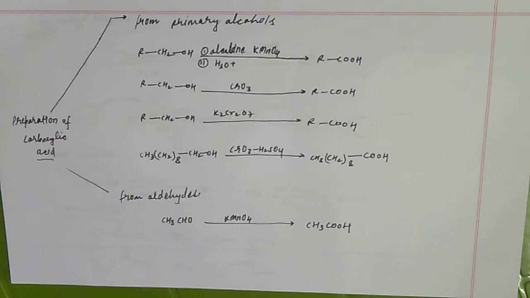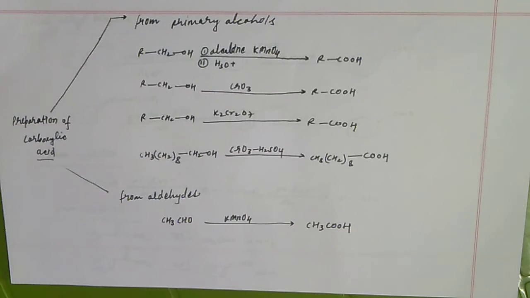If you oxidize with chromium oxide CrO3, it will also give the carboxylic acid. If you take potassium dichromate, the alcohol will again be converted into the carboxylic acid. And longer hydrocarbon alcohols also get oxidized, using chromic oxide with a little sulfuric acid.